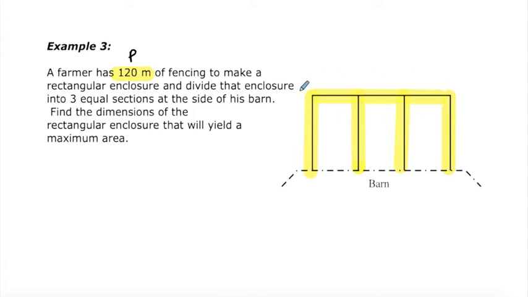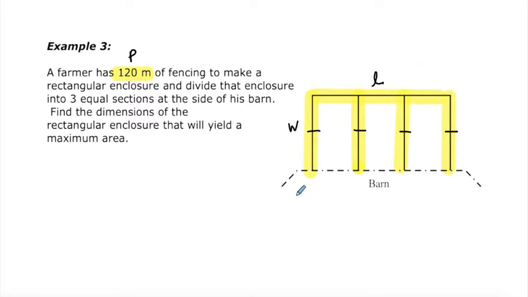So let's call this entire length right here our length, and then this will be our width, which means that this is also going to be a width. So all 4 of these pieces are going to be the same amount, okay? And we can keep it as W and L if that's what you are familiar with, or you can use X and Y, or another letter that you want to use, okay?